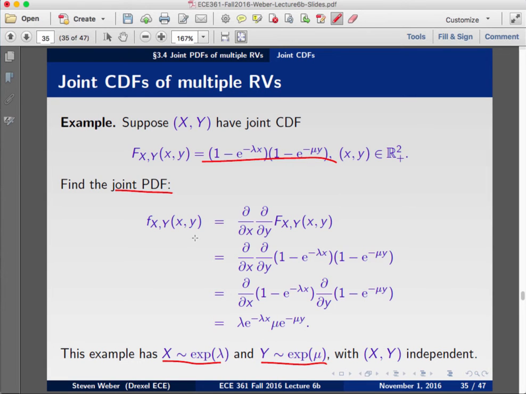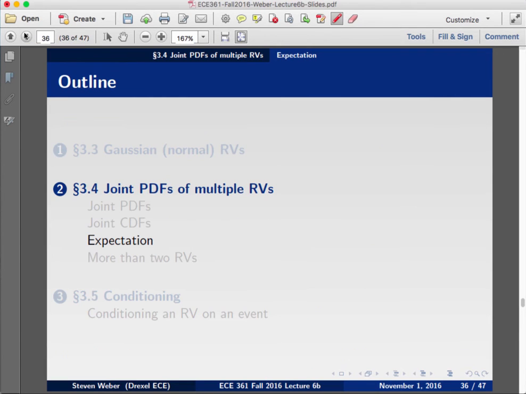And so it follows immediately, without having to do this calculation, that their joint PDF will be the product of their marginal PDFs, and these are the known marginal PDFs for X and Y. But this definition applies in general, not just for that case.